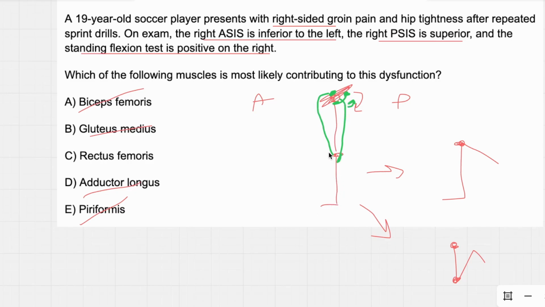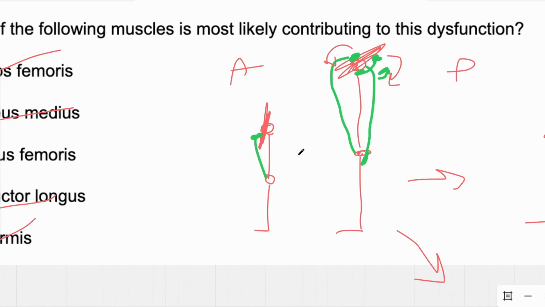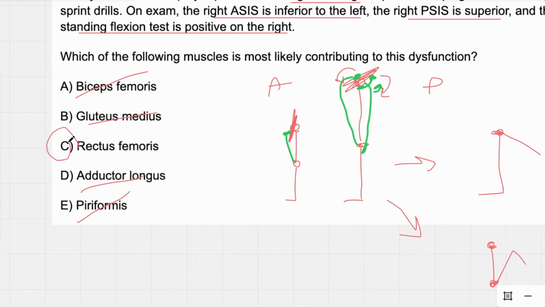If the foot is fixed in place, you're taking this entire innominate and rotating it anteriorly. It might look something like this after forceful contraction. Granted the leg is a lot smaller here, but you can see we have shortened the rectus femoris and pulled this entire innominate anteriorly. That's why the correct answer here is C, rectus femoris.